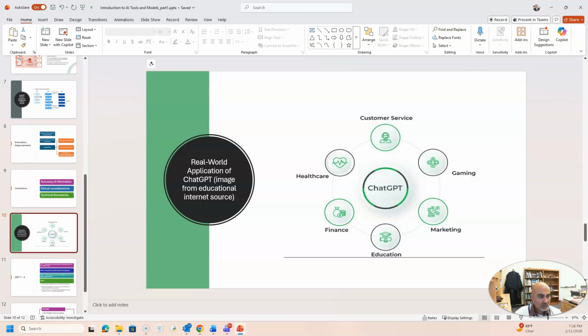So let's look into some of the education. We have already talked about how I have leveraged the power of AI in applying some design into my slide. Initially, my slide was very vanilla, plain, but I used Copilot to give me some suggestions and I chose some of them.